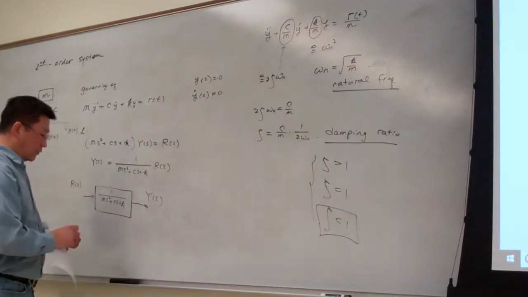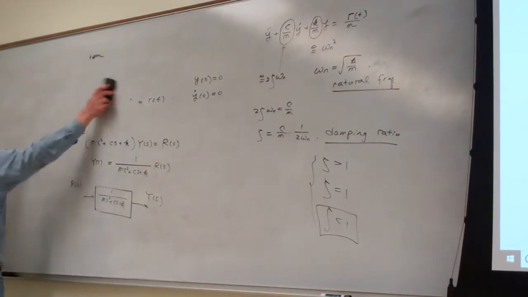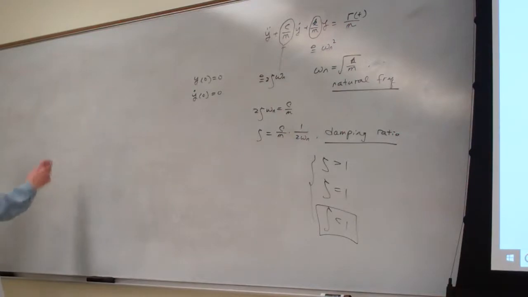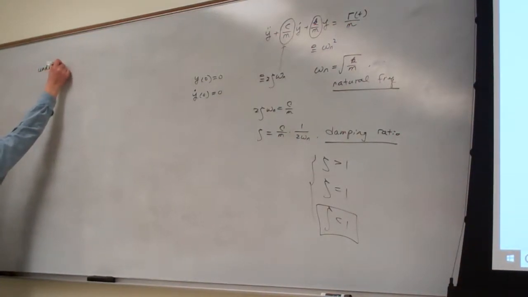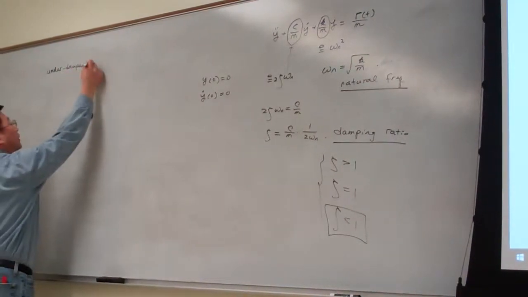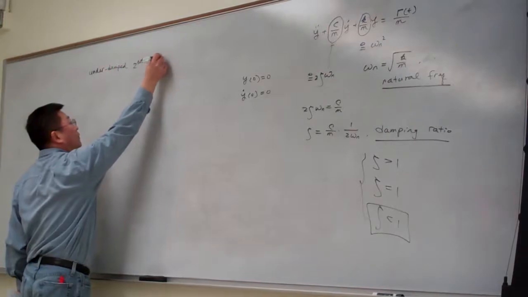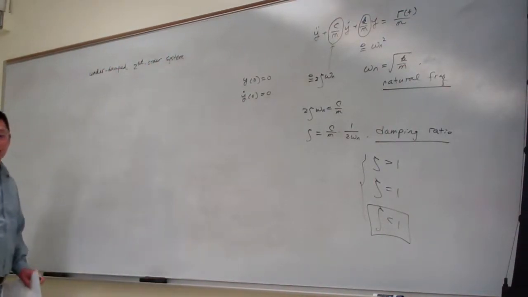Okay, so for this case, if we have the second order differential equation of the vibration system, and then if we have the underdamped system, so here is the second order system. So that is the starting point of the handouts I give you today.